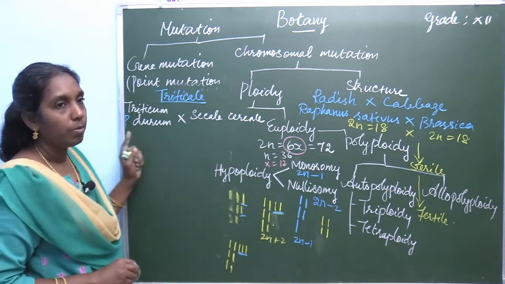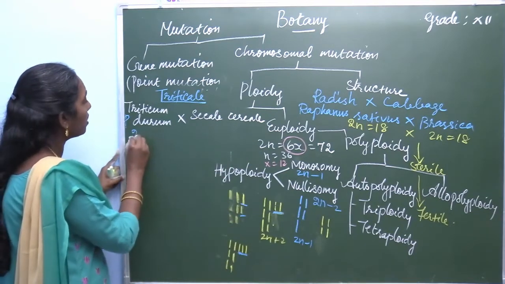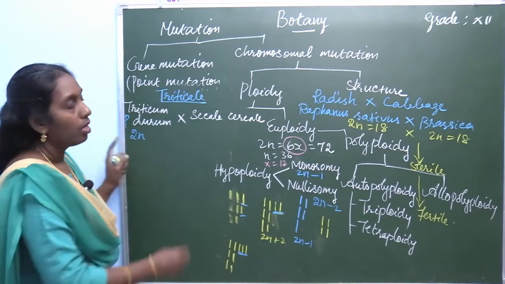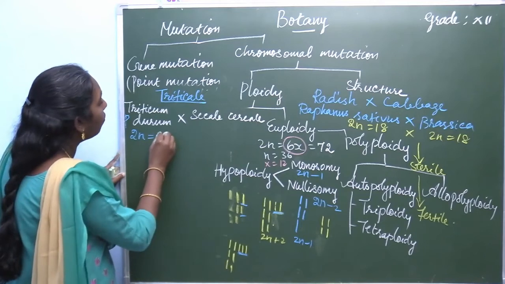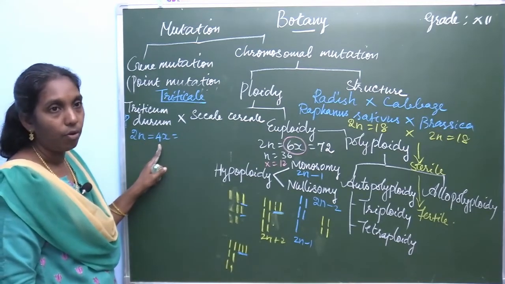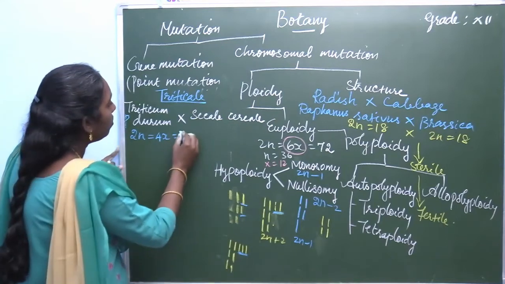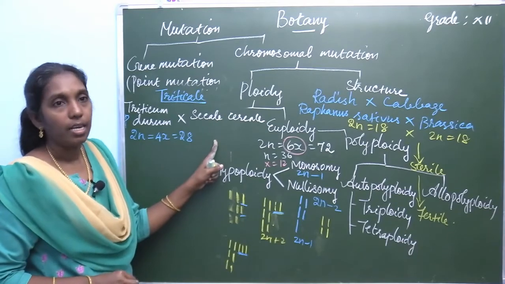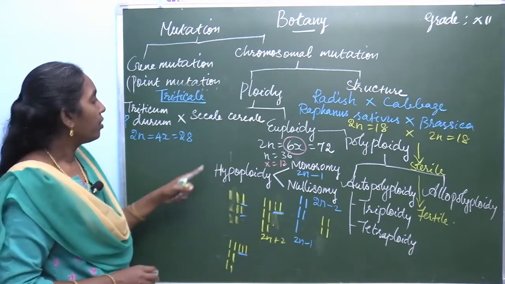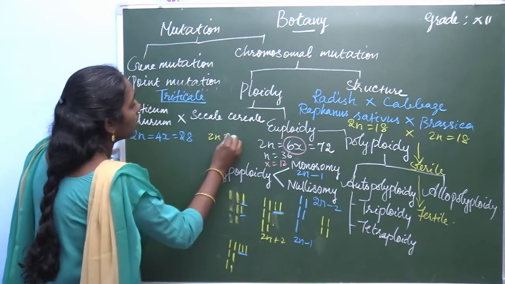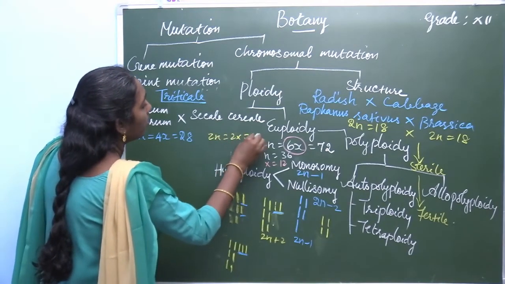The chromosome number in Triticum durum is 2n equal to 4x equal to 28. And in Secale cereale, 2n is equal to 2x is equal to 14.